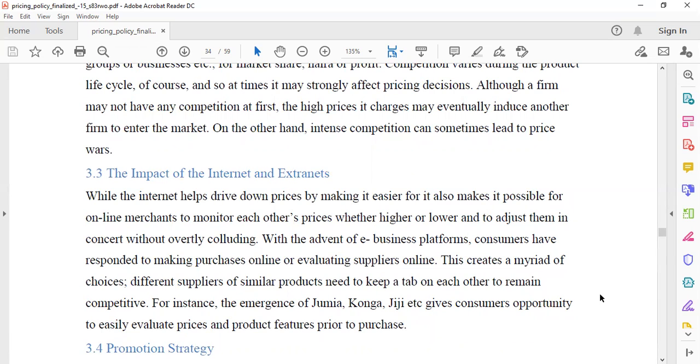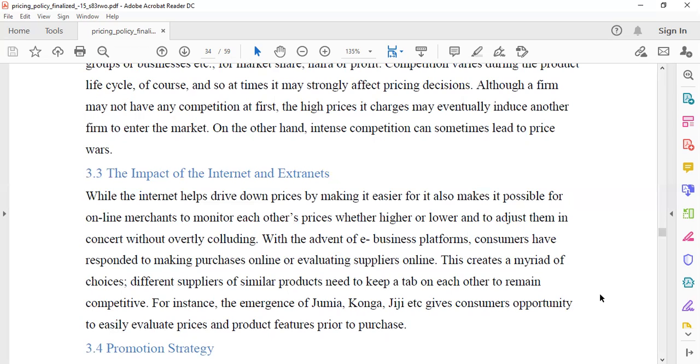The internet has empowered consumers, made them a bit sophisticated, always asking for more because they are seeing things that are happening around the world. They're also seeing the prices that these things are sold for. So it is difficult for an organization to quote its prices out of the blues because consumers are monitoring. Competitors are also monitoring.